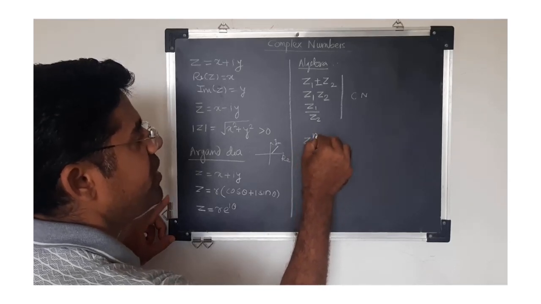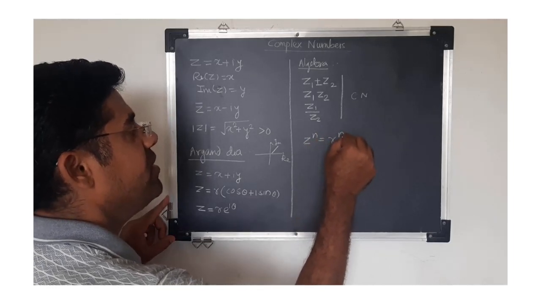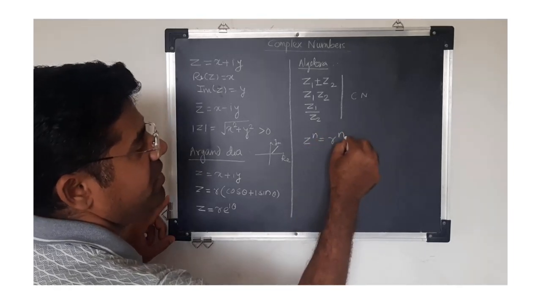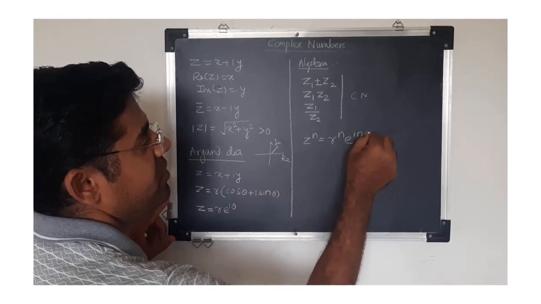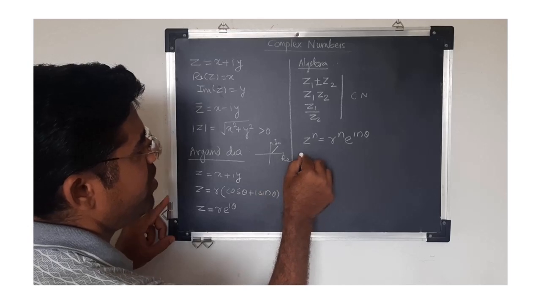If you want to find the nth power of a complex number, z raised to n is equal to r raised to n e raised to i n theta. So this is your power.